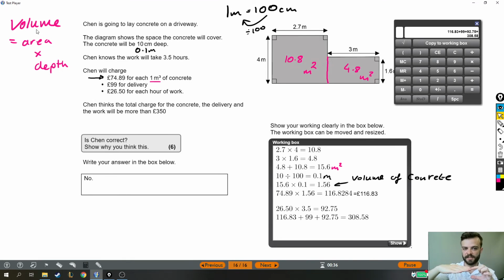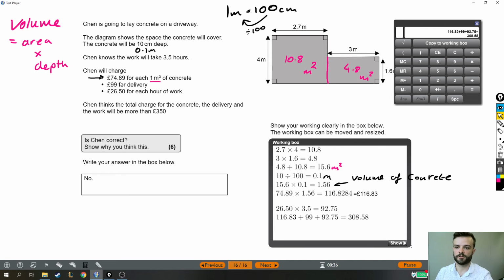So we'd like to times by 10, but that was in centimeters. And because everything else has been in meters, we need consistent units, so we turned that into meters, 0.1. When we'd done that, we could then take the area, times it by the depth, and like in the corner, like it says, that gives you volume. So we worked out the volume of concrete.